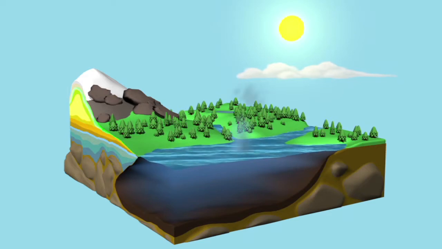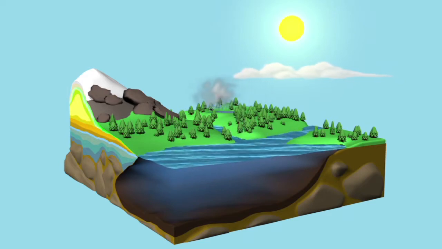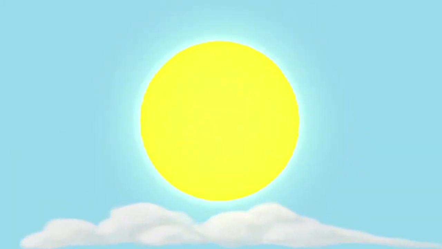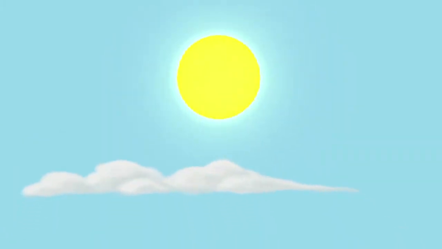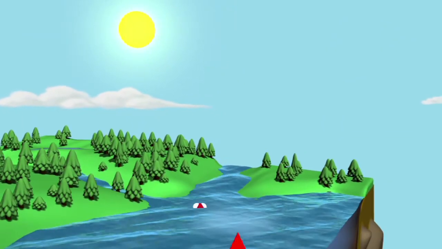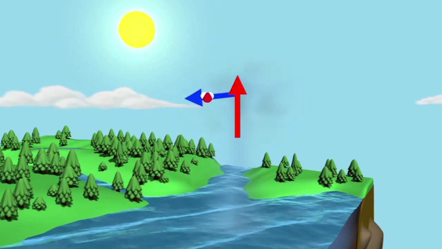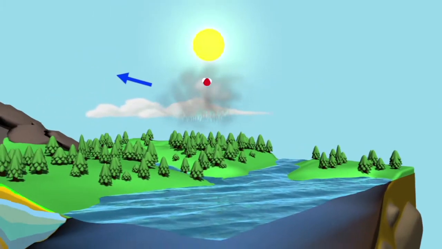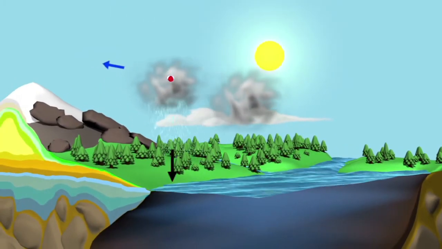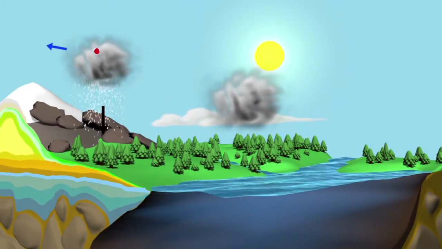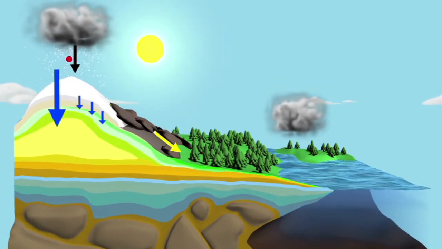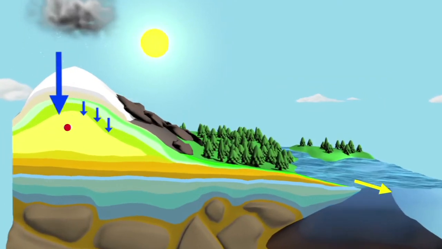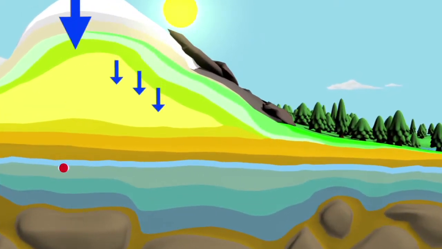Water is essential to all life on Earth. But how is the water dispersed? This animation shows one molecule of water completing the water cycle. Heat from the sun causes the molecule to evaporate from the ocean's surface. Once it evaporates, it is transported into and through the atmosphere, where water vapor condenses, releasing its heat to form clouds. The water molecule might move halfway around the world before it falls as rain or snow.